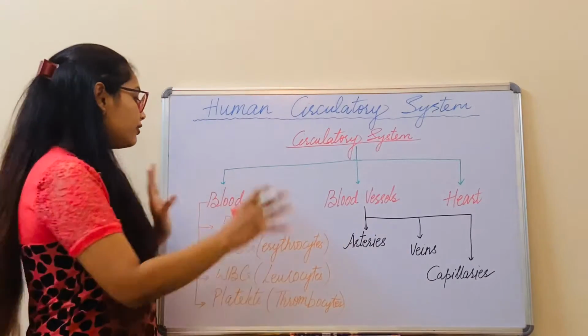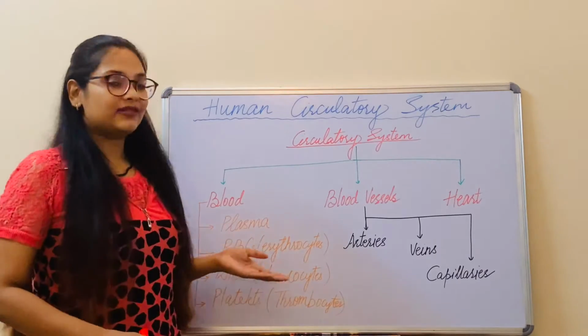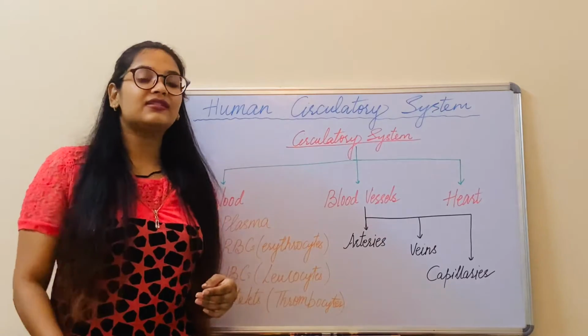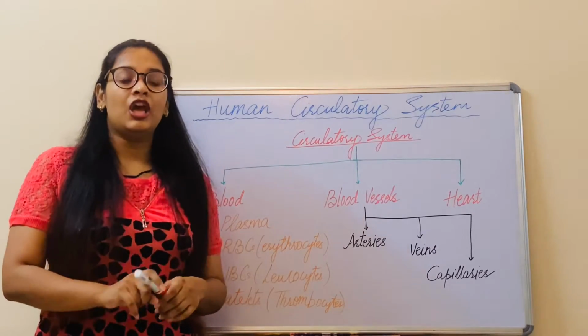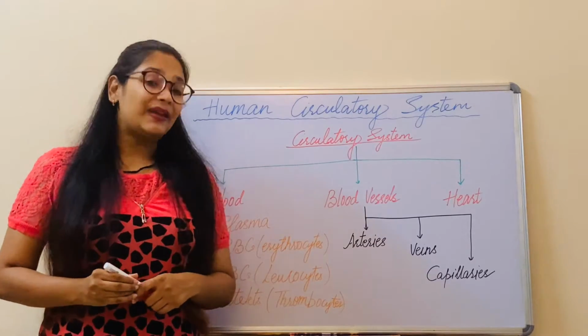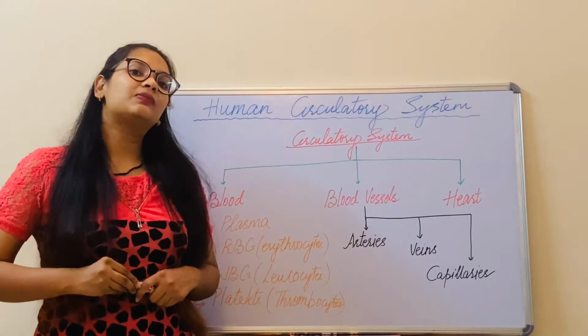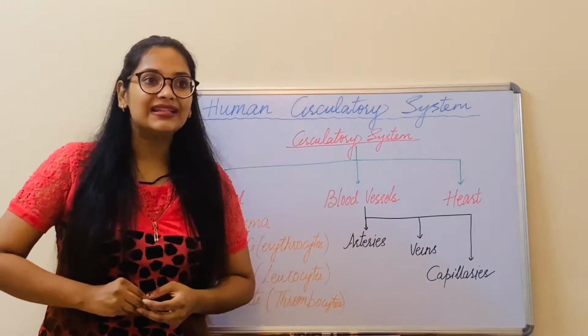Now coming to the formed elements or the cells. The red blood cells or the erythrocytes are red because of the presence of a pigment which is called hemoglobin. Hemoglobin is an iron containing pigment, and it is responsible for the transportation of oxygen.